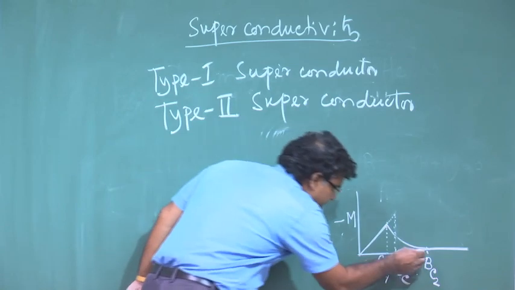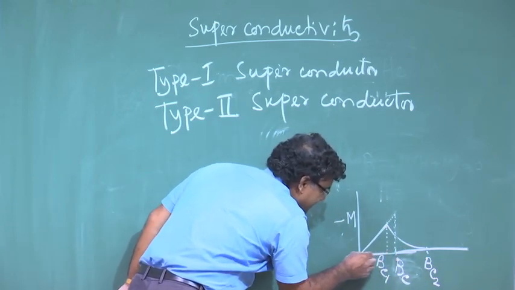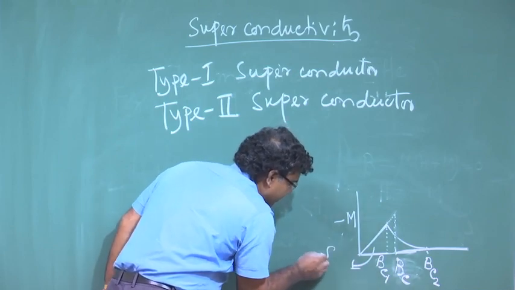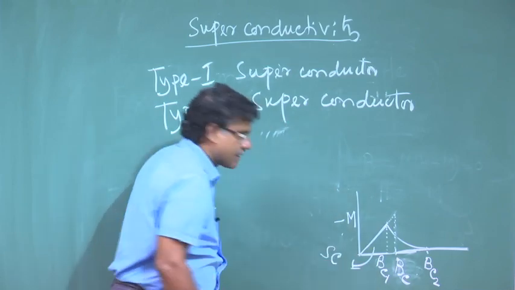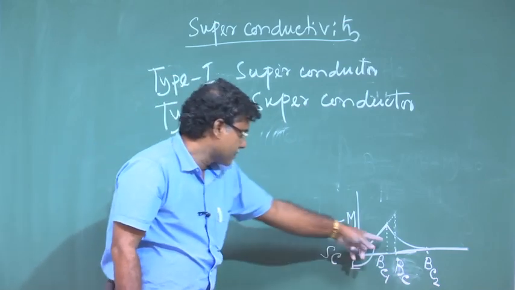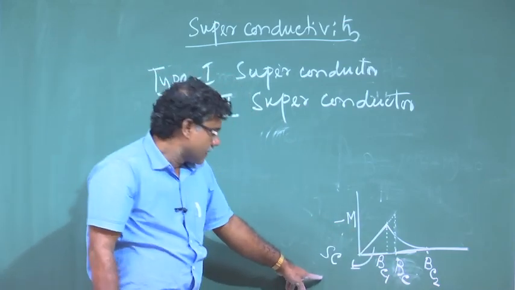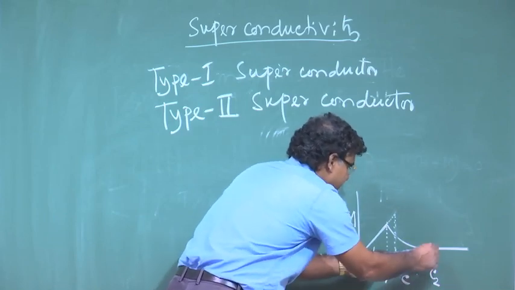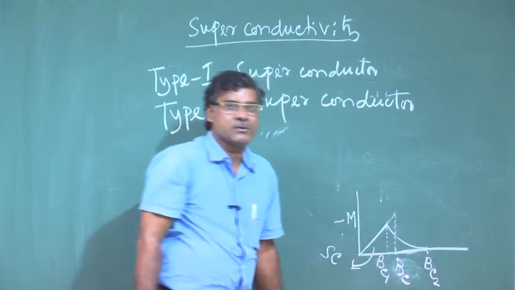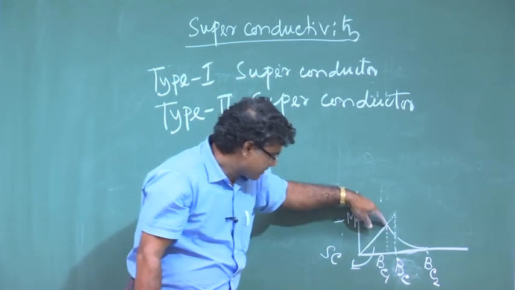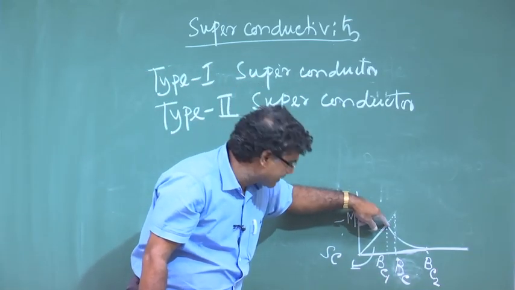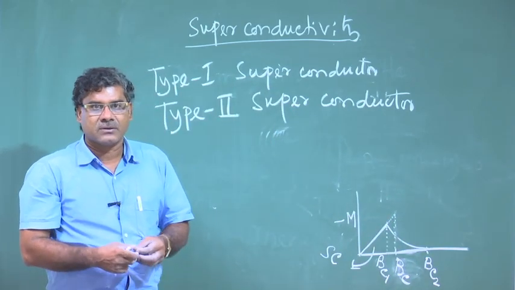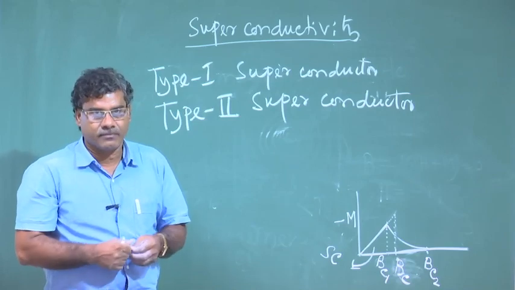So, this part we call the purely superconducting state, and in this region between BC1 and BC2, the superconducting state is decaying. Okay. That means something is growing, so the normal state is growing.